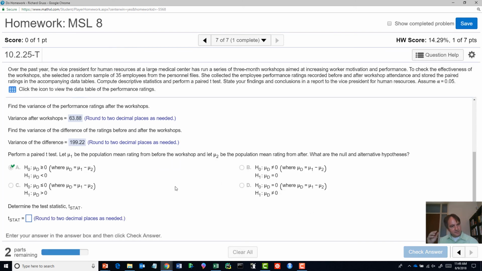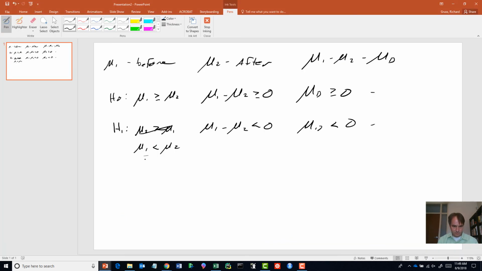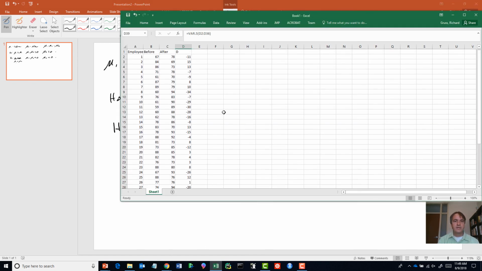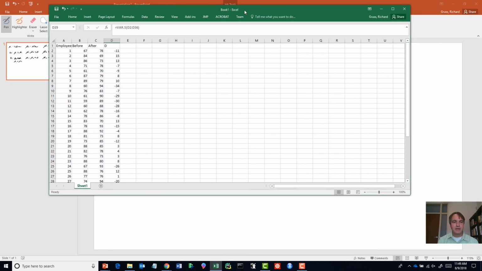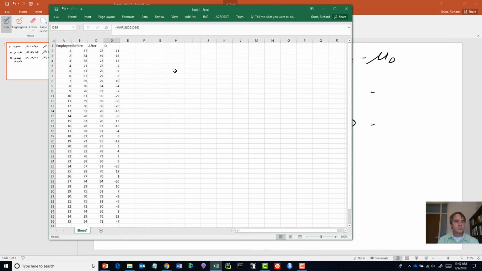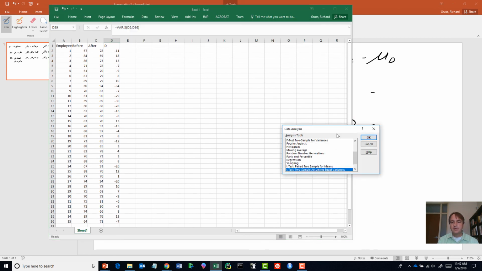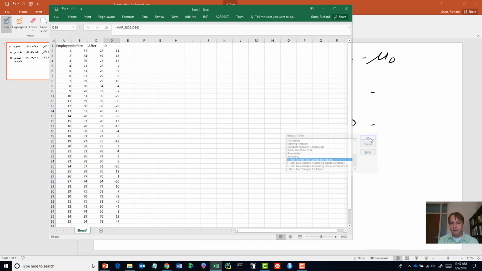All right, so we need to do the t-statistic. So Excel will let us just do the paired samples t-test. So let's just do that. Okay, we can use these things we pre-calculated, but we can take the shortcut now. So we'll do data analysis. Now we're going to do the paired two-sample for means here.